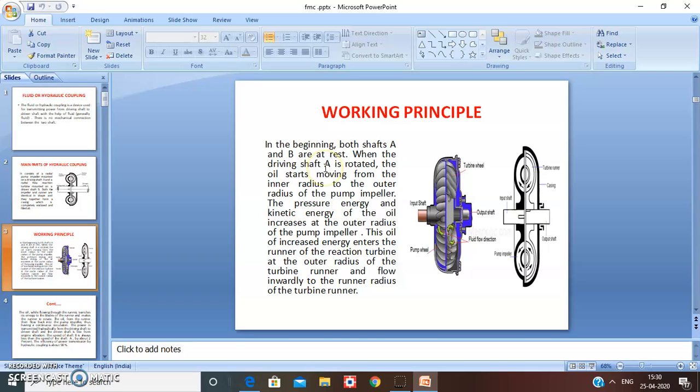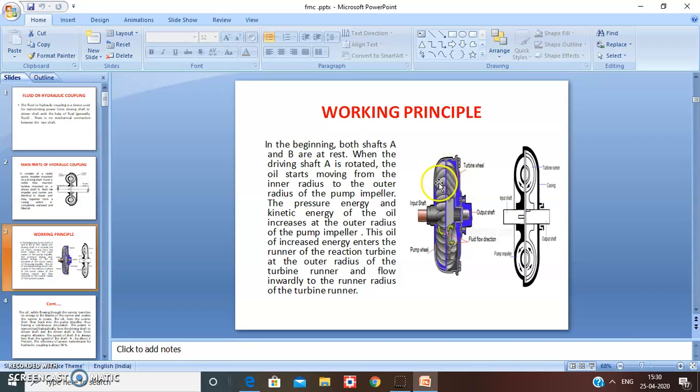Now discuss here the working principle. In the beginning both shaft A and B are at rest. When the driving shaft A is rotated, the oil starts moving from the inner radius to the outer radius of the pump impeller. This is the first condition.